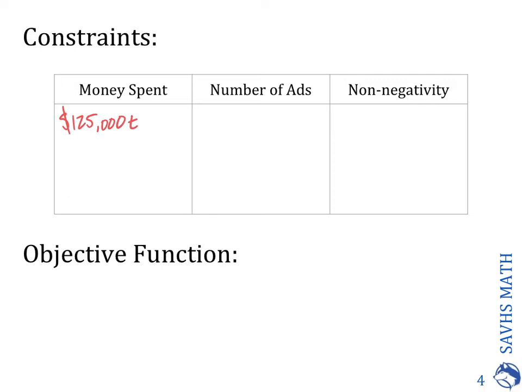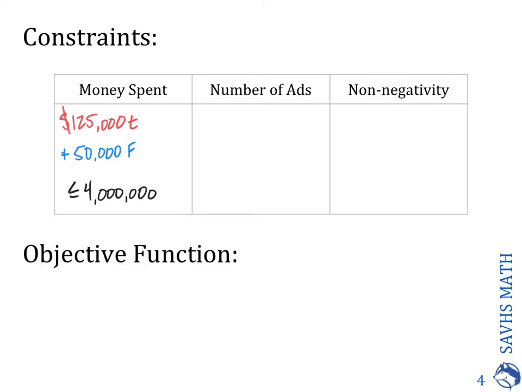And then for every Facebook ad, that would be $50,000, and I'm going to use the capital F. Hopefully that T and that F look different enough, but I'll make sure that we're color coding everything. If we add those two together, we have to be less than or equal to 4 million, because that's the money that we have to spend.